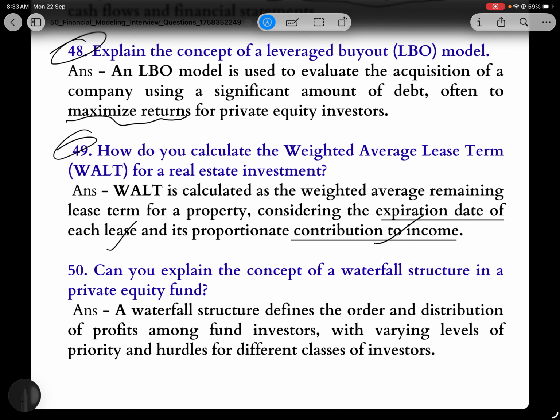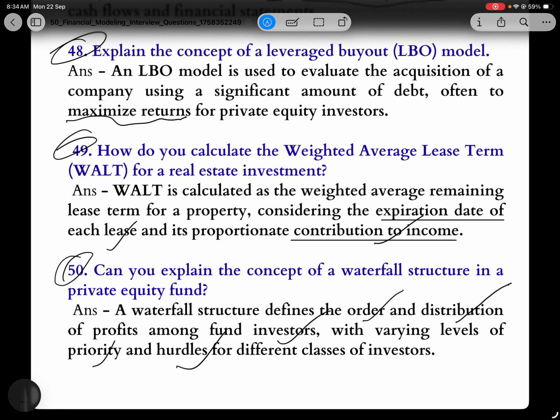Next is what's the concept of waterfall model in terms of PE fund. So waterfall structure basically defines the order and distribution of profits among investors, right? And it shows this in terms of priority and different hurdle rates that are defined for all these different investors.